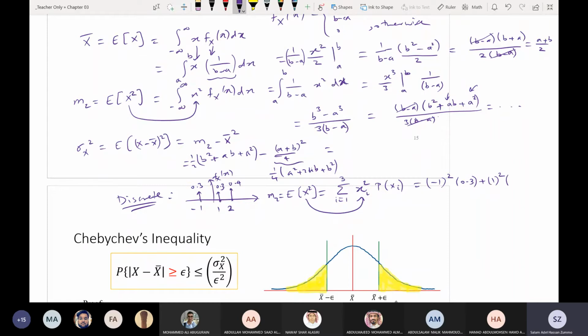What is the probability of 1? 0.3. Yes. And the last one is 2 squared, multiplied by 0.4. Excellent. So we have 0.3 plus 0.3, which is 0.6, plus 4 multiplied by 0.4, which is 1.6. So it will be 2.2, right? Okay, so this is the way we do it for discrete. Any question?